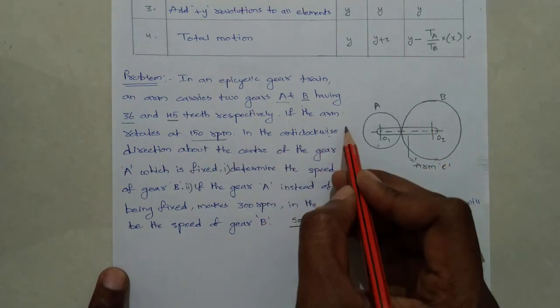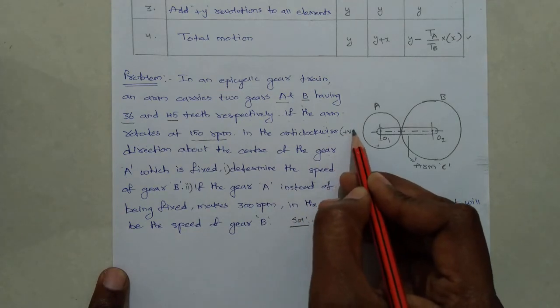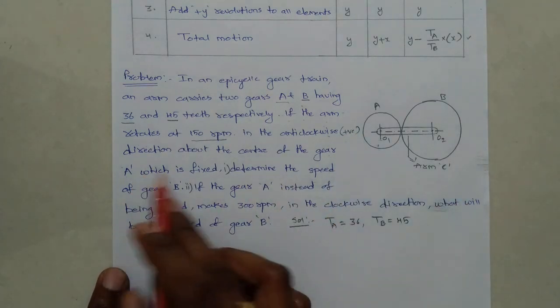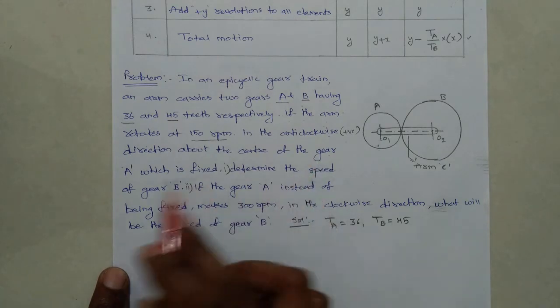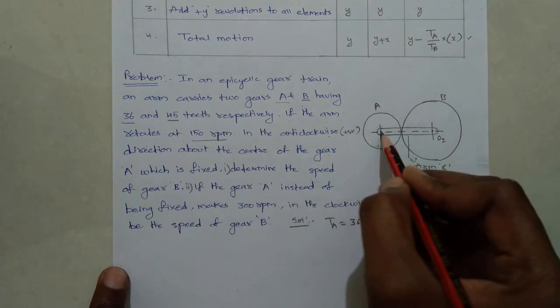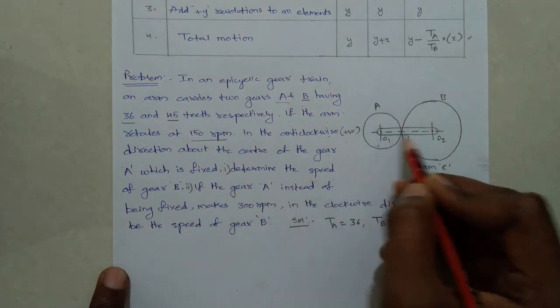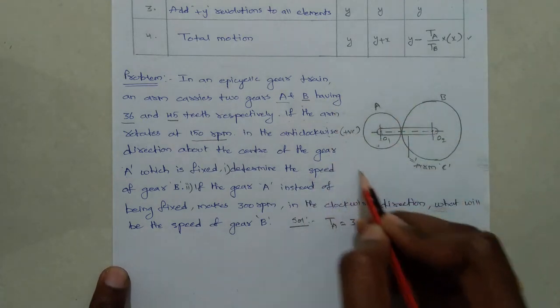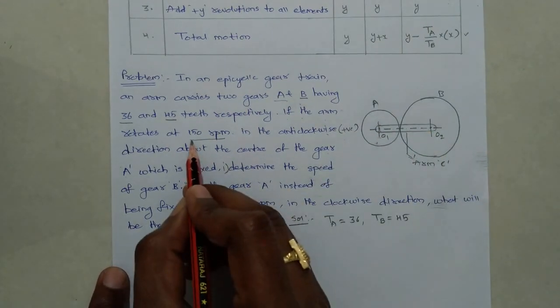So if it is anti-clockwise, we have to take it as positive, about the center of the gear A. So with respect to this center of gear A, this arm is rotating in the anti-clockwise direction with an RPM of 150.